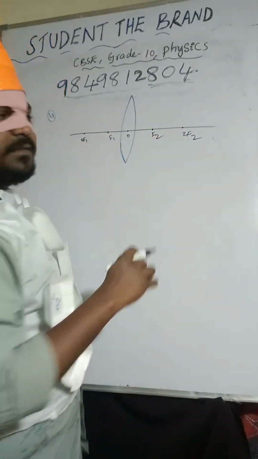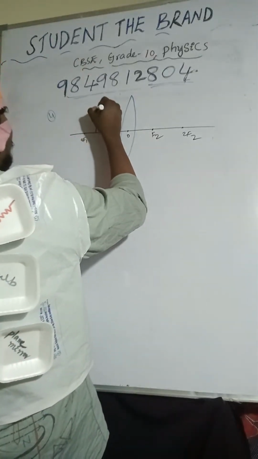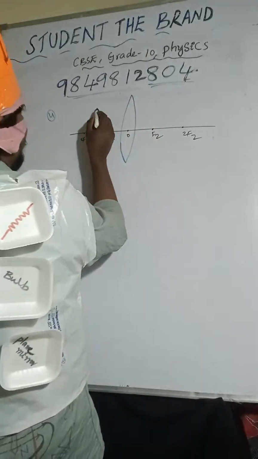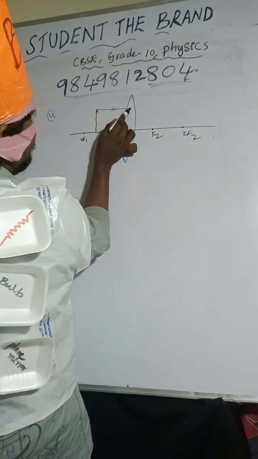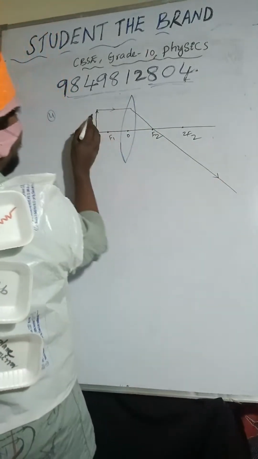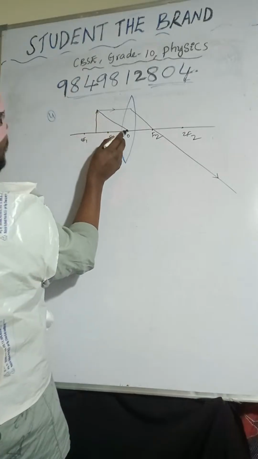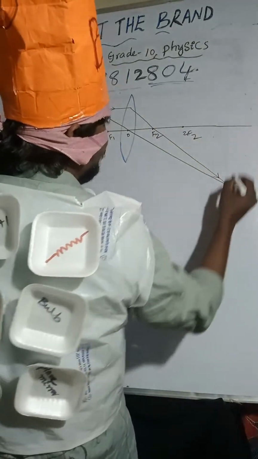Object is placed between 2f1 and f1. Here I have placed. So one light ray I am taking like this. It will pass through focus. Another light ray I am taking like this. It will pass through optic center. Those light rays will meet beyond 2f2.